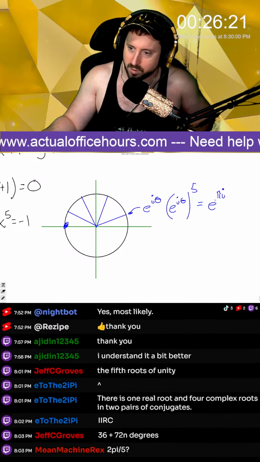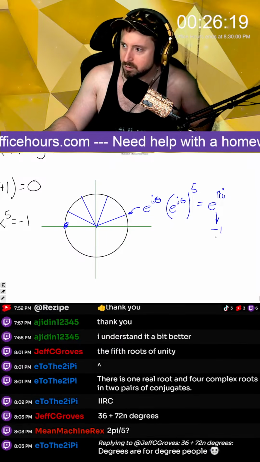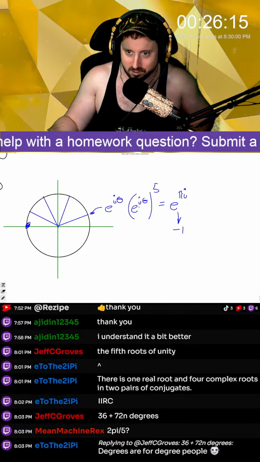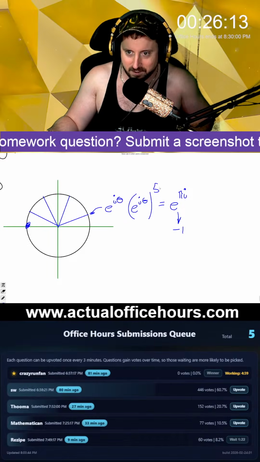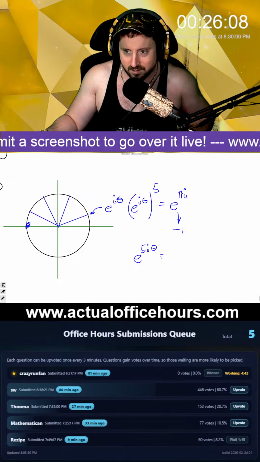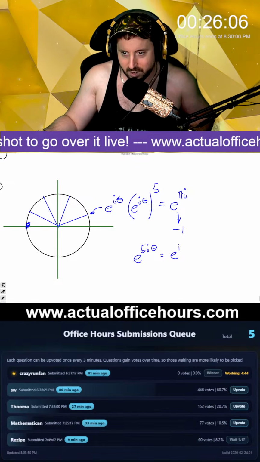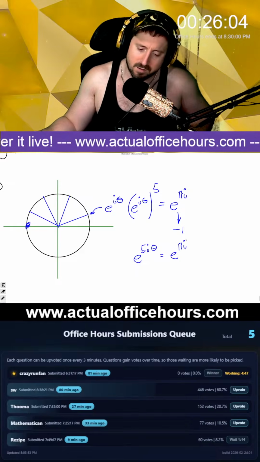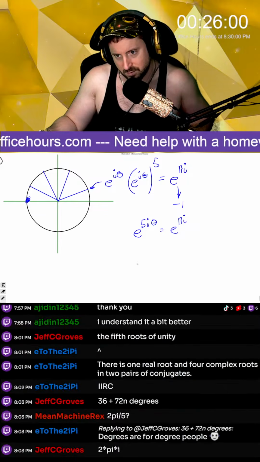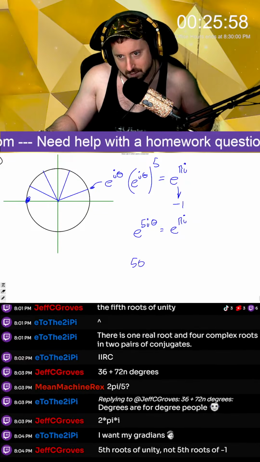I believe so. Because this is -1. Right, okay. So e to the i theta to the 5th, that's e to the 5i theta, is equal to e to the pi i. So then what is this? 5 theta equals pi?